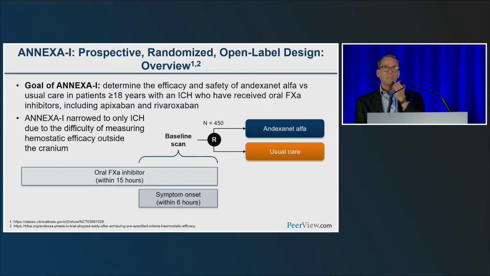In fact, there are places, even in the U.S., that use activated PCC, like FEIBA, low-dose FEIBA instead of Kcentra. There are places that use 3-factor PCC. And around the world, that is also true. Different centers have different usual care, and standardizing that in a fairly rare presentation in order to do a global randomized trial in a reasonable amount of time before we all retire or get too old to do this, required a usual care arm, which is more generalizable anyway, which can encompass everything.